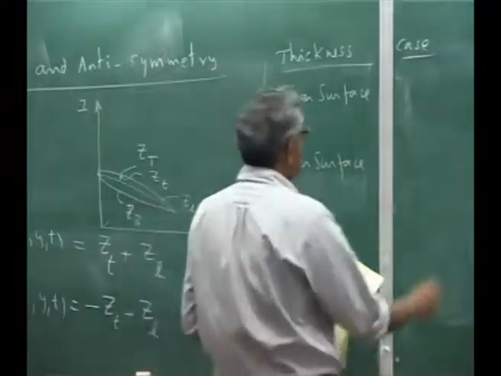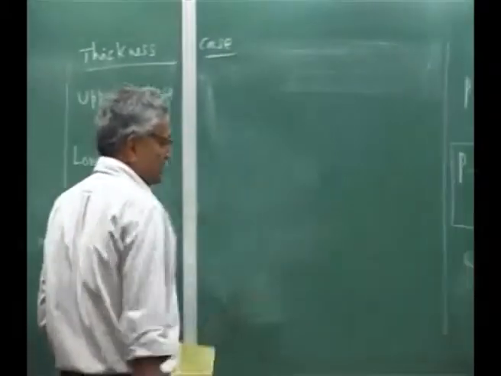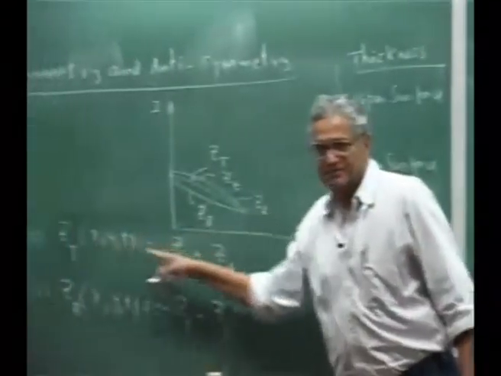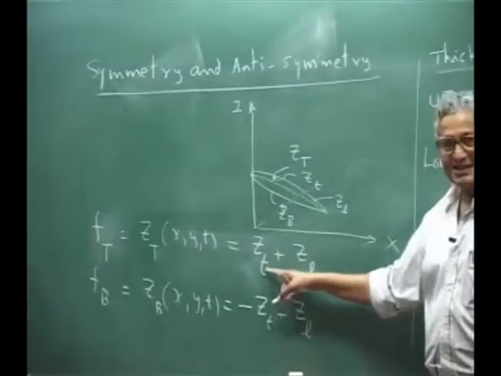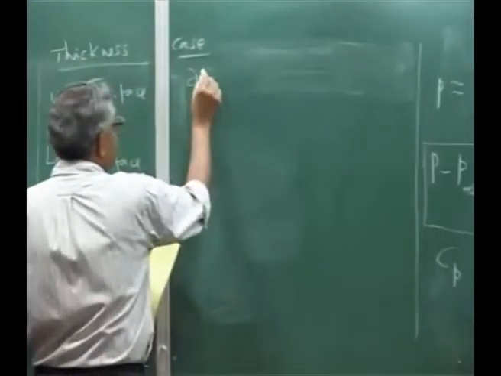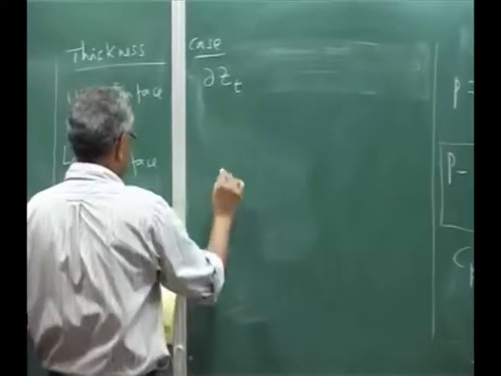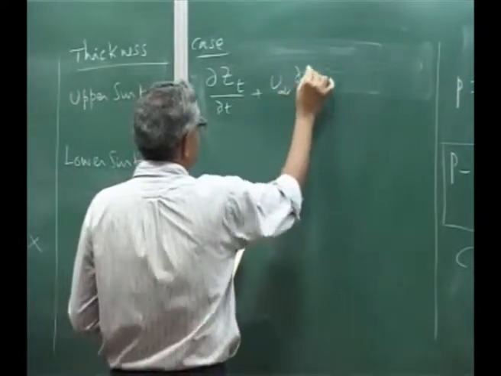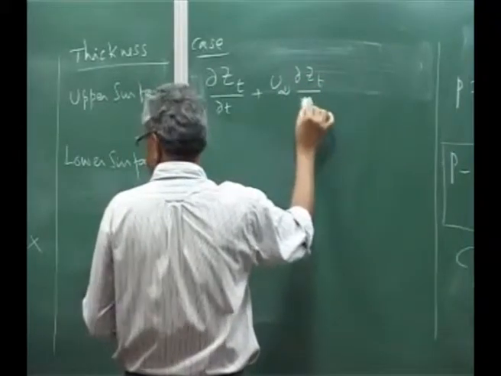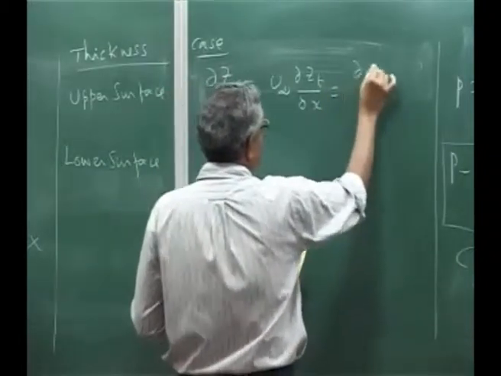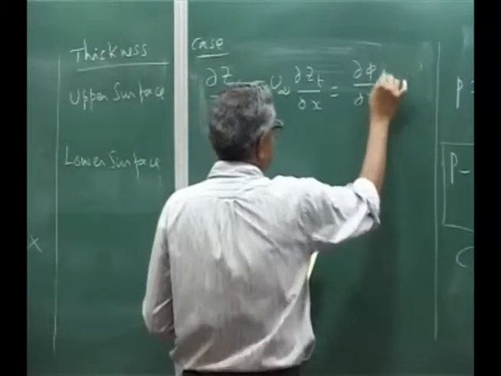In the upper surface, I have to substitute here in the F, top surface. Top surface is ZT. So I will put delta ZT over delta T plus U infinity delta ZT over delta X, equals delta phi over delta Z at Z equal to 0 plus.